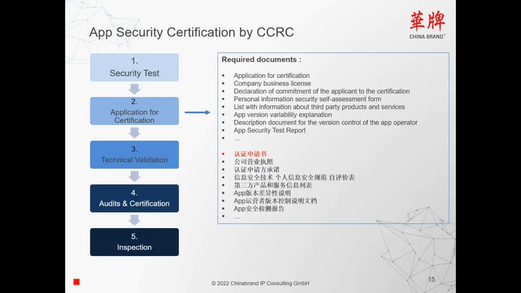Once the security test is completed, the app operator can prepare the relevant documents for the application for the App Security Certification by CCRC. Similar to the MLPS, the application requires a set of written documents to be completed in Chinese, such as the application for certification, company business license, declaration of commitment of the applicant to the certification, as well as the personal information security self-assessment form.